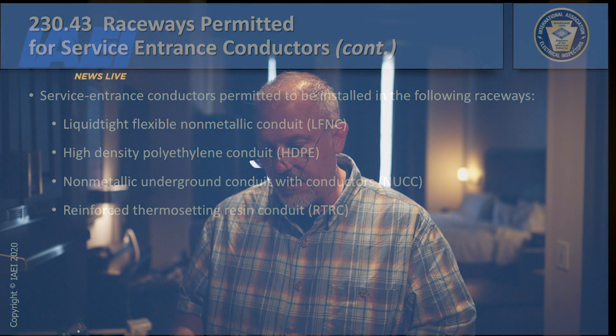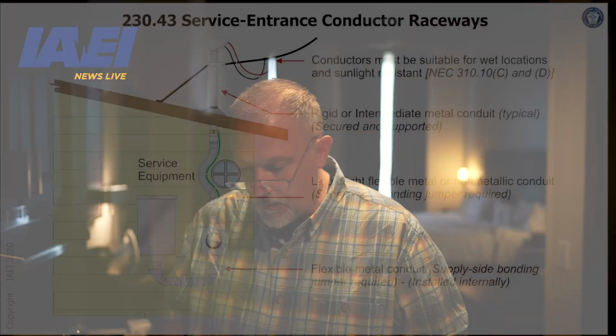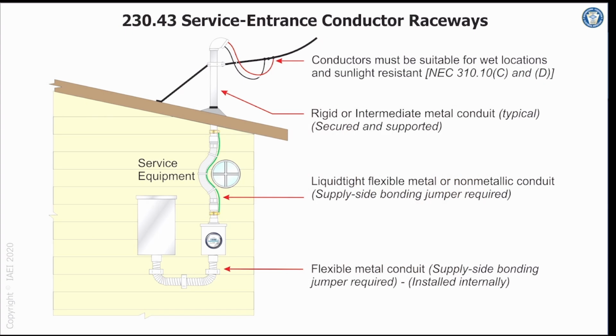Raceways permitted for service entrance conductors. So you have these and you have those. You have a whole list of what you can use. Pay attention to the details. 230.43, service entrance conductor raceways. This is a nice diagram because it gives you all the different examples.